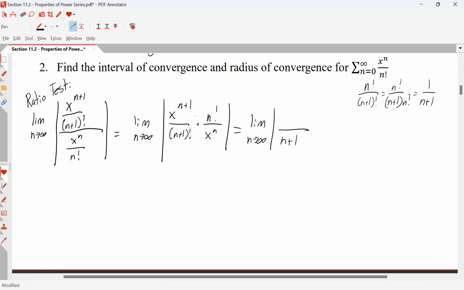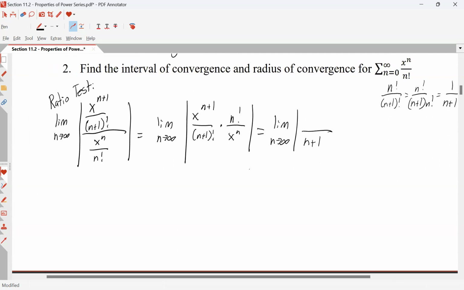And the fraction of x to the n plus 1 over x to the n, x is just a number, so the x to the n's cancel, leaving us with an x to the first in that numerator.